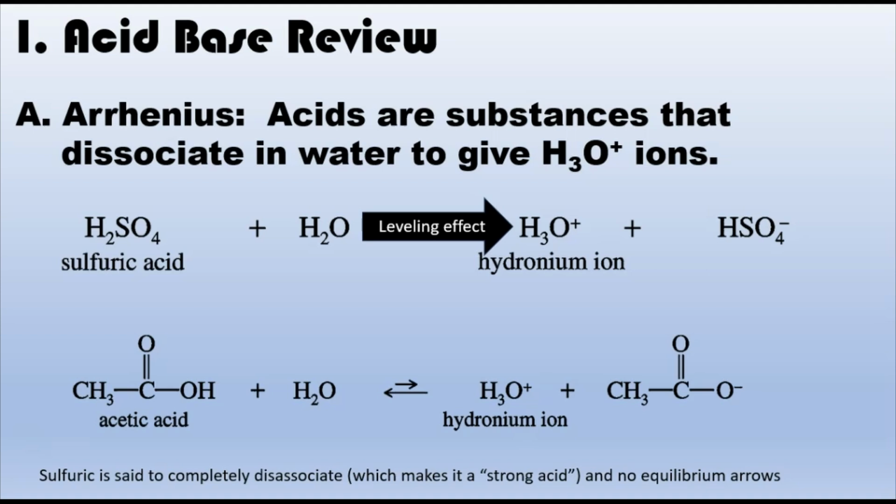First up, an acid-base review. The Arrhenius definition of an acid is a substance that you put in water and it gives you hydronium ions. So sulfuric acid here, put that in water, proton comes off that, sticks on water, and you get the hydronium ion. Here's hydrogen sulfate. So I could say acid, base, conjugate base, all that good stuff.